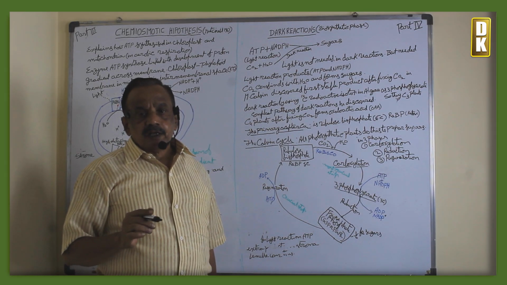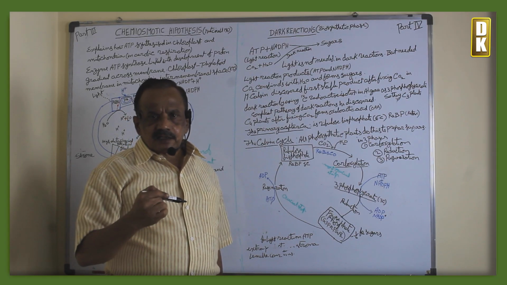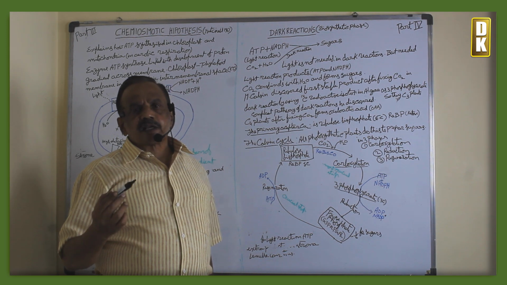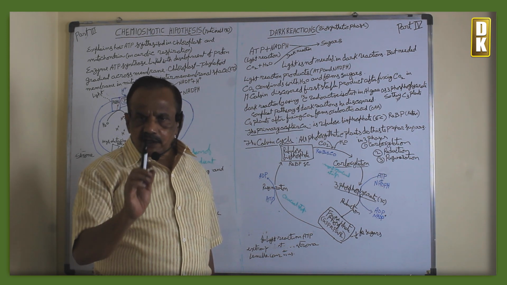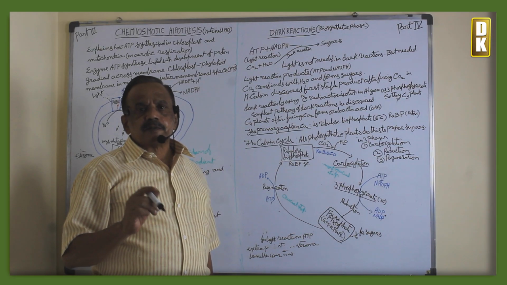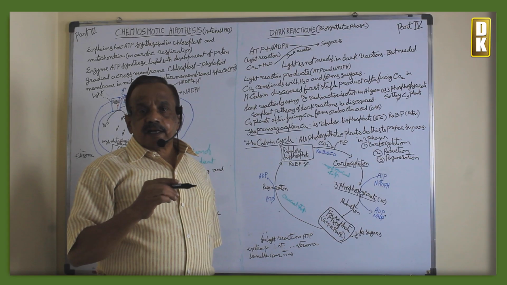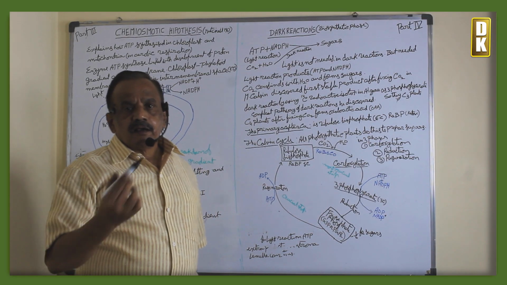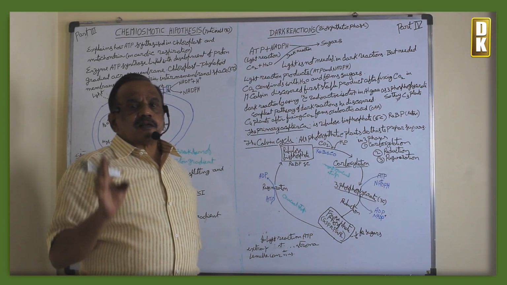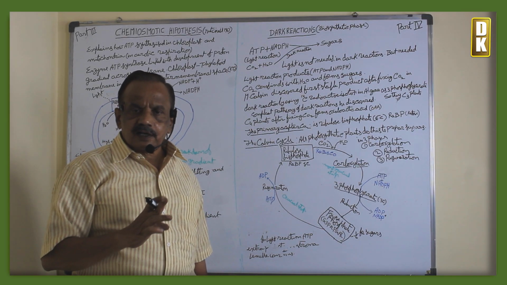This is the only enzyme which can take carbon dioxide and oxygen also. Generally, the active site will take only one type of substrate, but here the substrate may be carbon dioxide or oxygen. So we call it carboxylase and oxygenase.